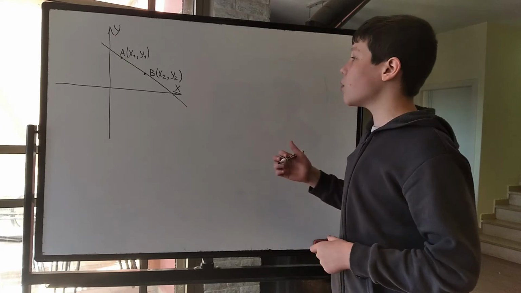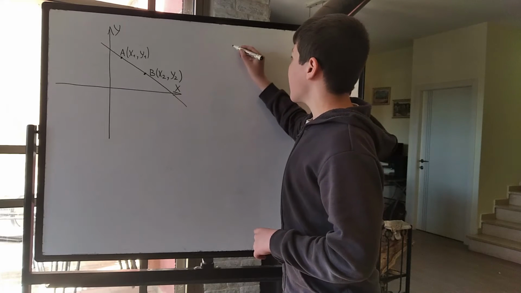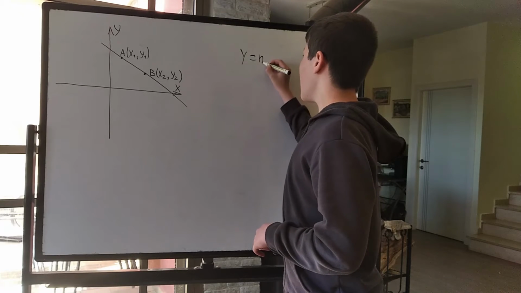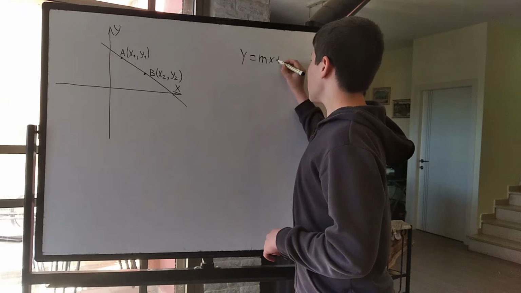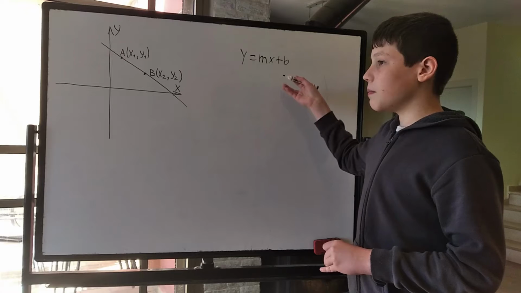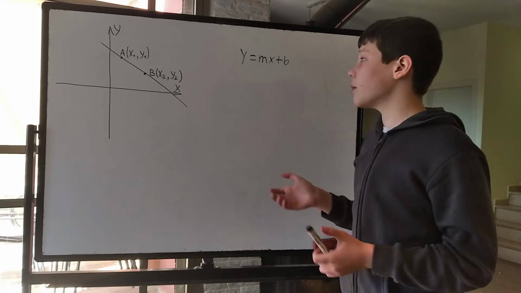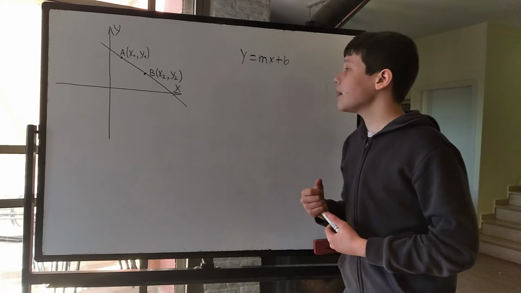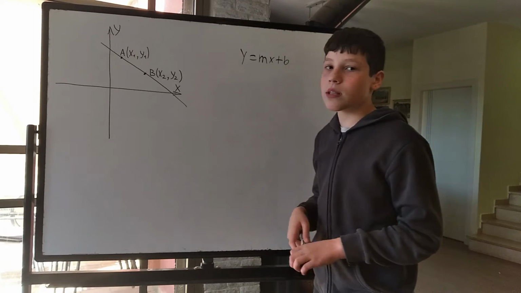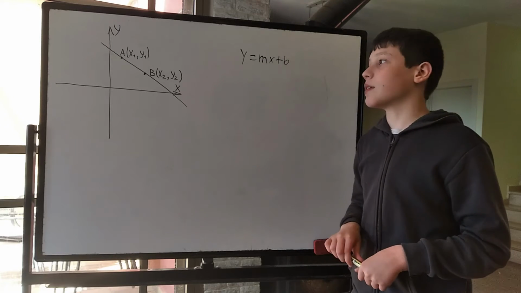Any equation of a straight line in this xy system can be seen as y is equal to mx plus b, where m is the slope, b is just another quote-unquote free number that you add on, and x and y just represent the coordinates of the point that you're referring to.